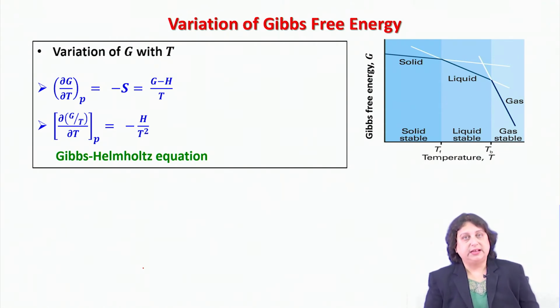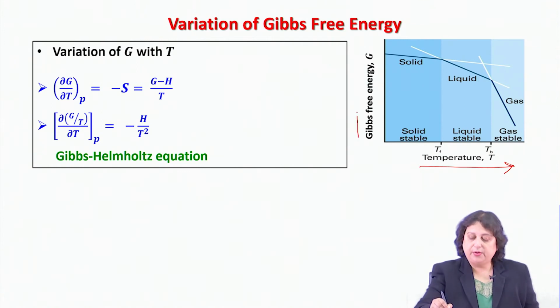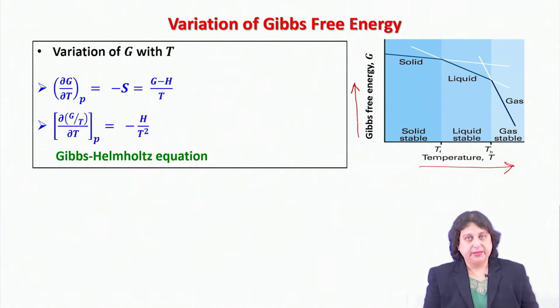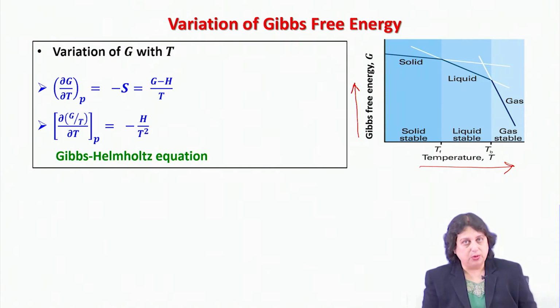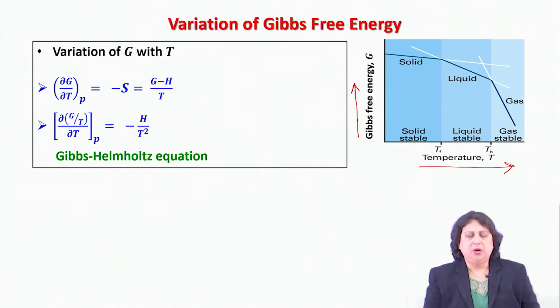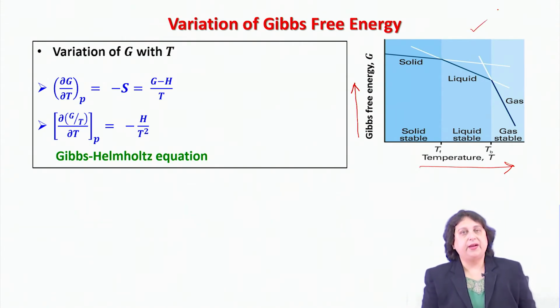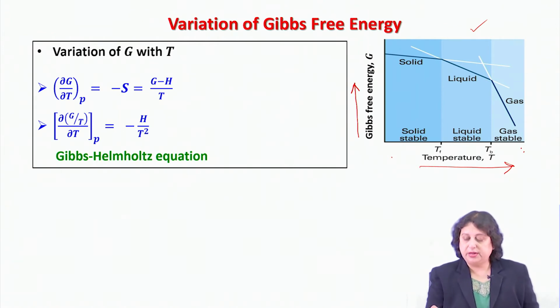Now, this equation tells me that if I plot the corresponding Gibbs free energy at different temperatures as a function of temperature, the variation on the whole is not exactly linear, but very close to linear as shown in this figure. If I vary the temperature from a very low value to a very high value, then for a pure substance, it will initially start off as a solid at very low temperature.